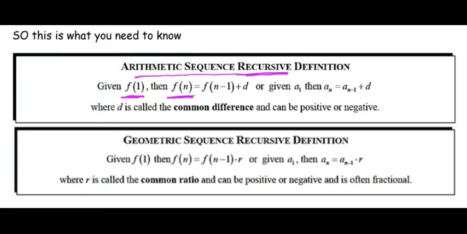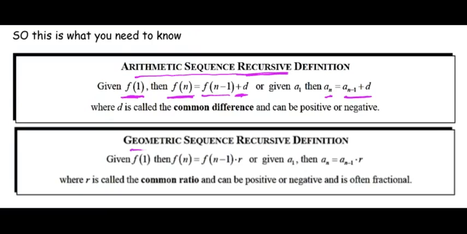So in here I have the previous term plus the common difference, or a sub n equals a sub n minus 1 plus the common difference. And this common difference can be positive or negative.